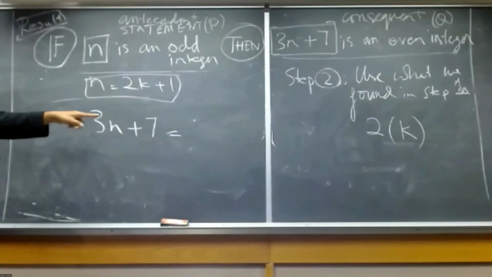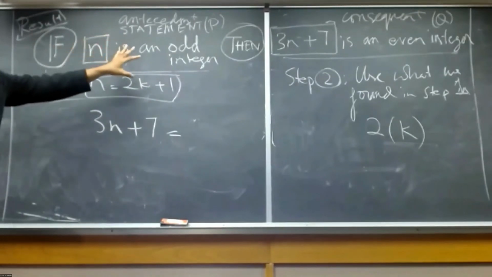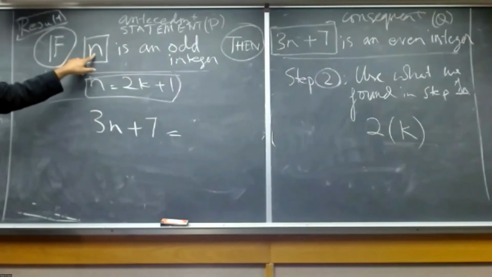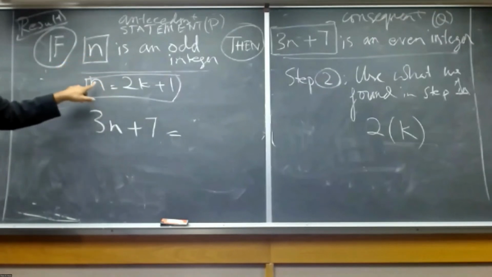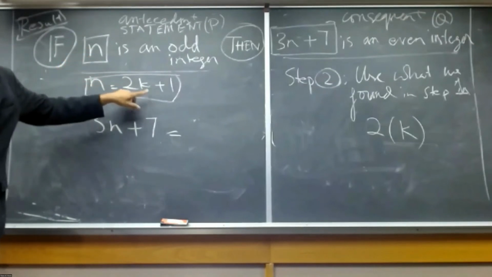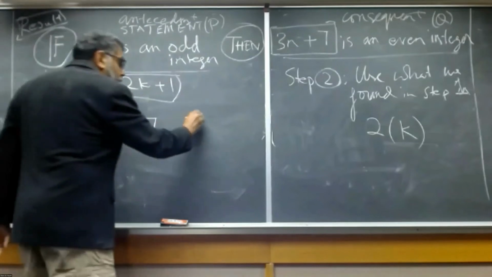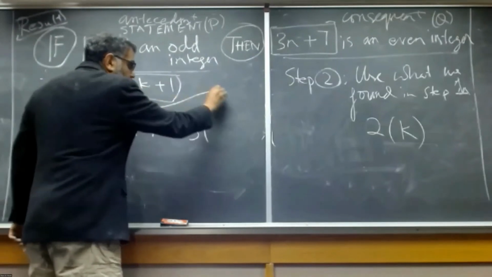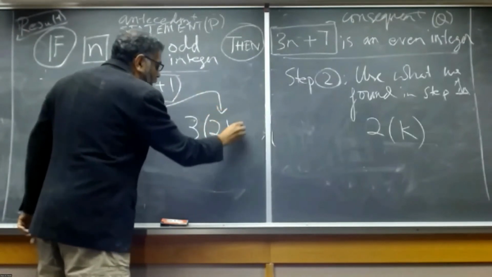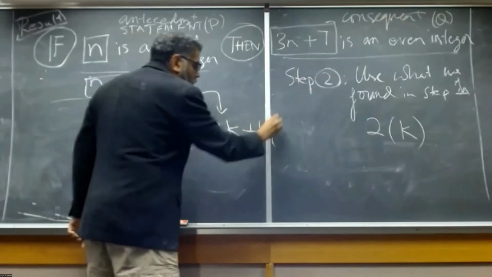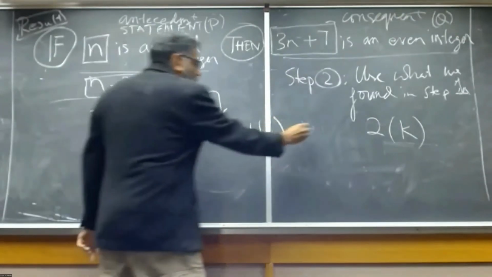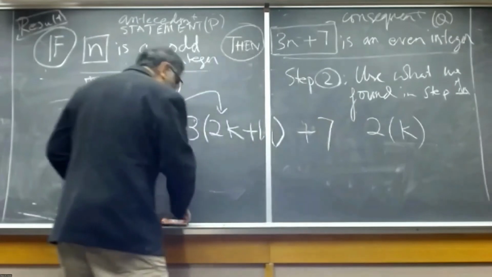All right, so 3n plus 7. What's the first step? By assuming this to be true, that this is always an odd integer, we can replace n with this formula right here. So we got 3 times the quantity 2k plus 1, plus 7.